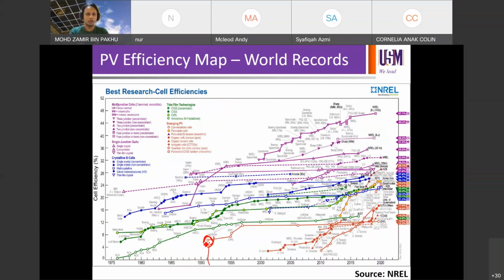Crystalline silicon solar cells are in the blue color, and you can divide them into many different technologies: the one with concentrator, the one without concentrator, multicrystalline, heterojunction intrinsic by Panasonic that we saw yesterday, and also thin film crystal. Non-concentrator technology means the solar cells are not placed under a big lens. You can also place a solar cell under a big lens so that you can concentrate the light.